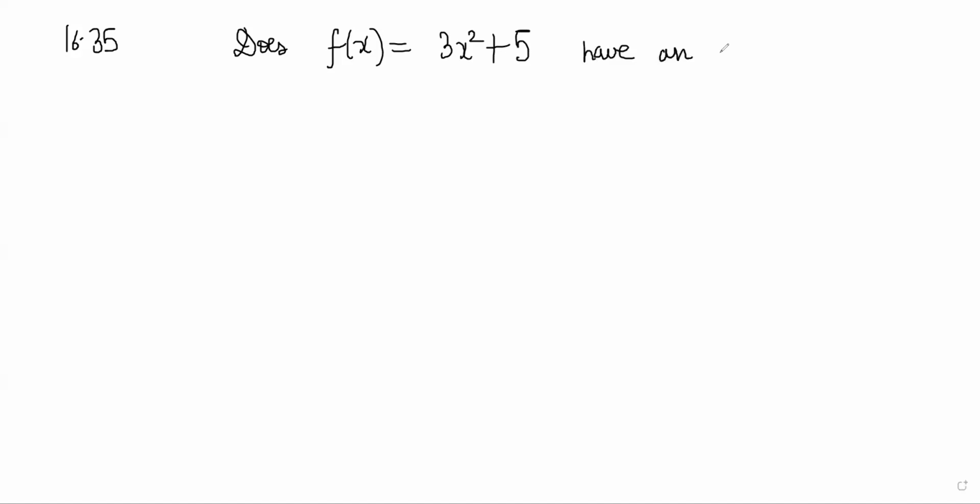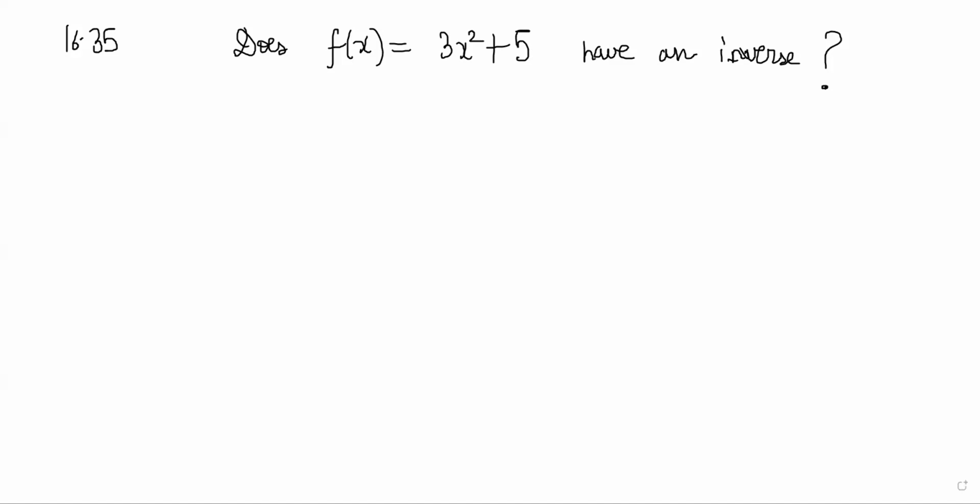16.35. Does the function f of x equal to 3x squared plus 5 have an inverse? It doesn't have an inverse, right?